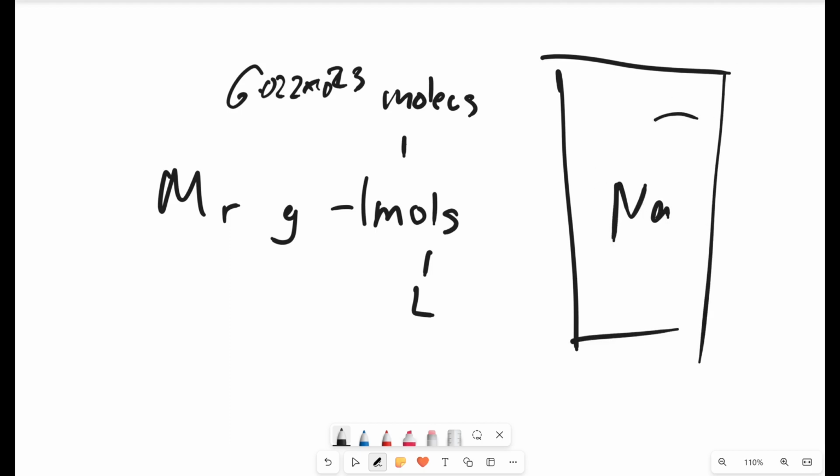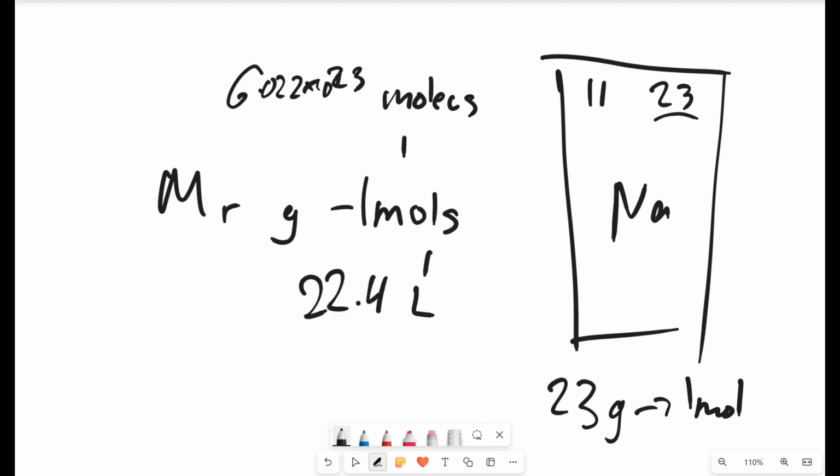For example, sodium is element 11 with about 23 AMU, so 23 grams is 1 mole of sodium. And for liters, it's 22.4, and this one you just have to memorize.